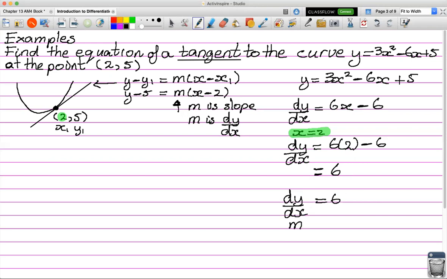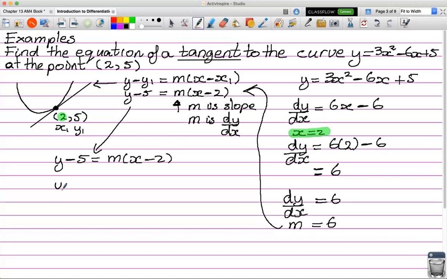Therefore, m is equal to 6, and that's the m that we're going to be bringing up and putting into here. So we bring this down, and we've got y minus 5 is equal to m on x minus 2. So we've now got y minus 5 is equal to 6 on x minus 2. So y minus 5 is equal to 6x minus 12.